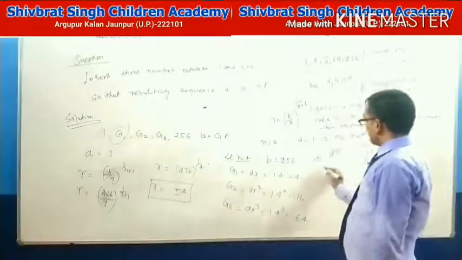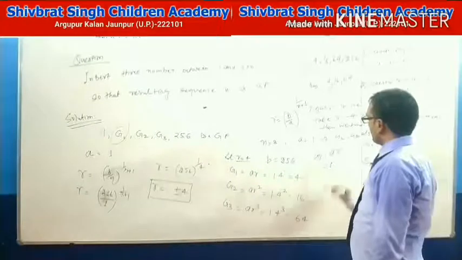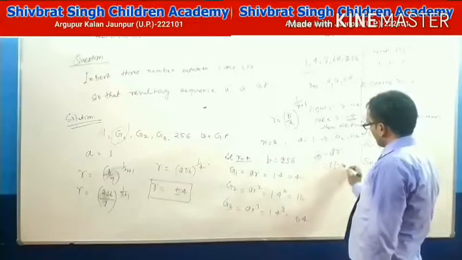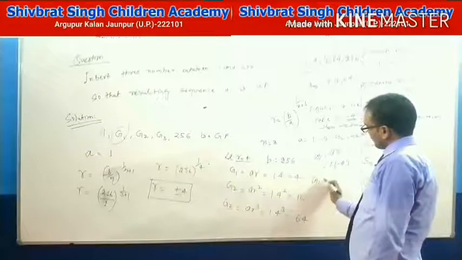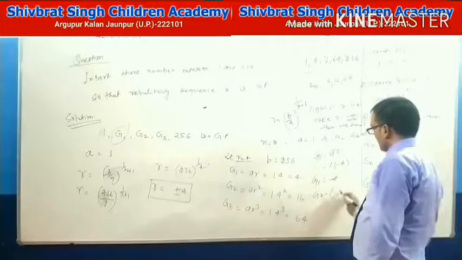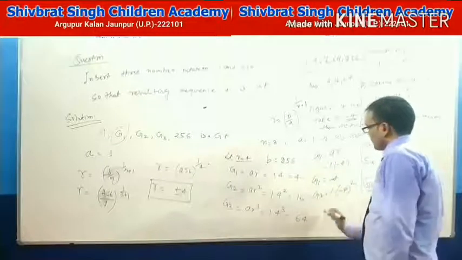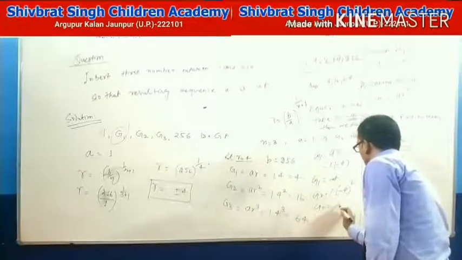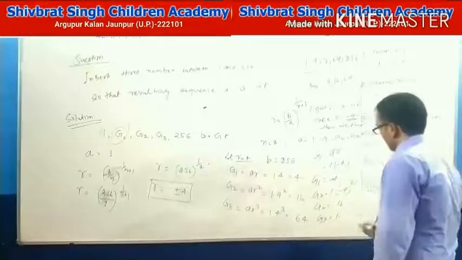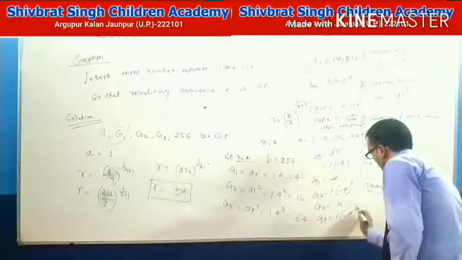Value of A equal to 1, value of R equal to minus 4, then G1 equal to minus 4, G2 equal to 1 into minus 4 to the power 2, G2 equal to 16, and G3 equal to 1 into minus 4 to the power 3.